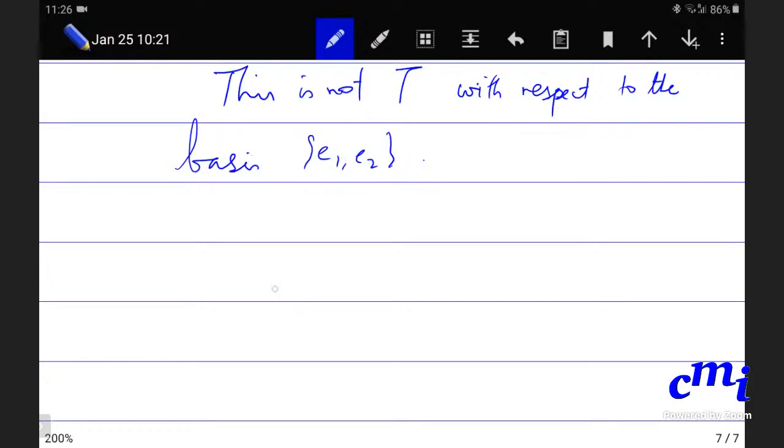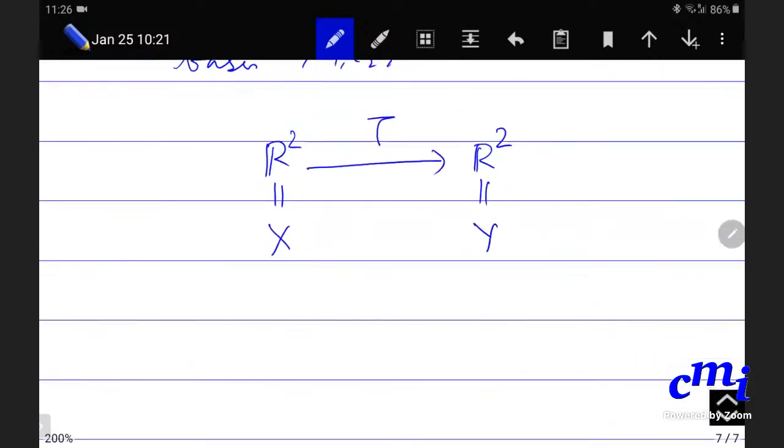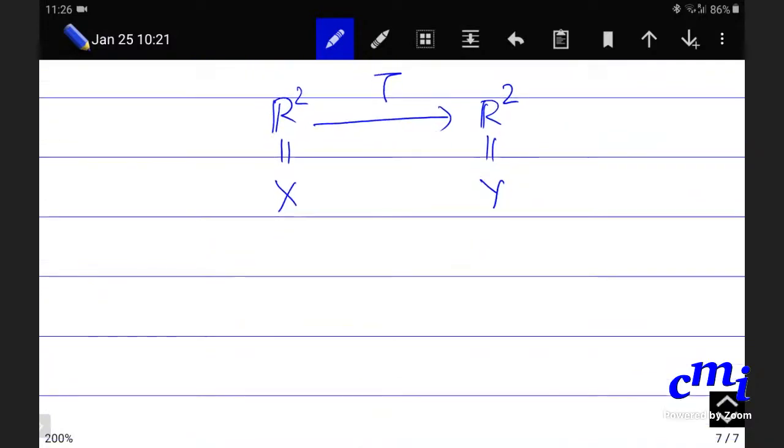We have a function T from R2, which I will denote by X, to R2, which I denote by Y, because I want to refer to these two by different names. Now we are asking whether the homogeneous equation has a solution or not. In other words, is there any vector in T inverse of 0? We have a function from X to Y.